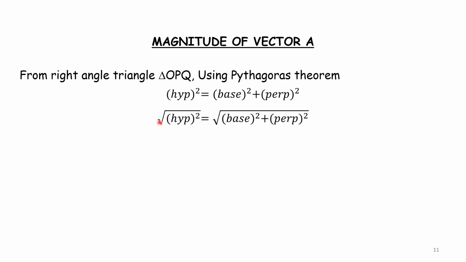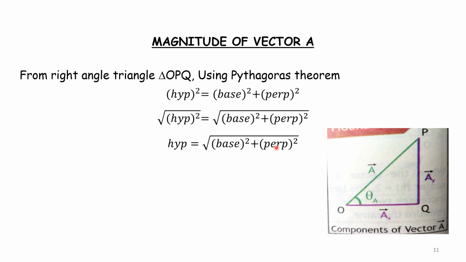If I take root on both sides, the square will be cancelled with the root, but this side will remain the same. From this triangle OPQ, you can see that this A vector is the hypotenuse, Ay is the perpendicular, and Ax is the base. So my equation will become: hypotenuse is A.